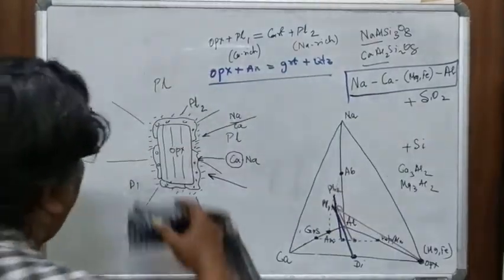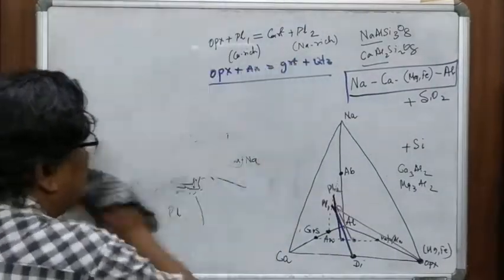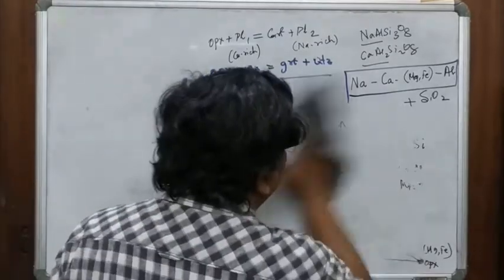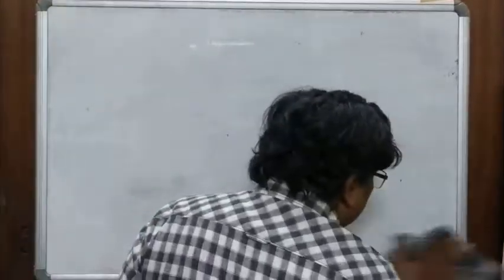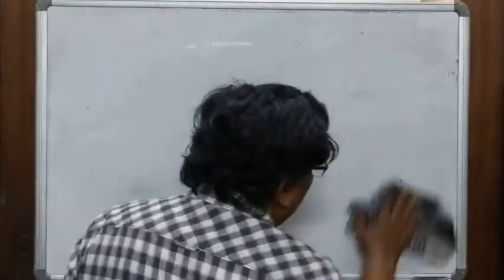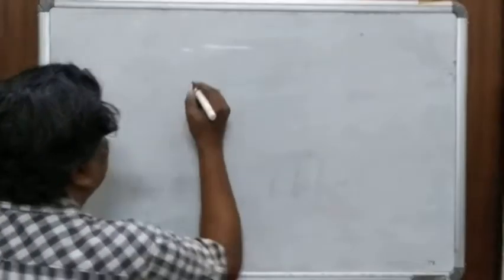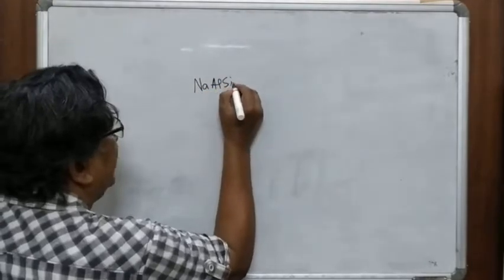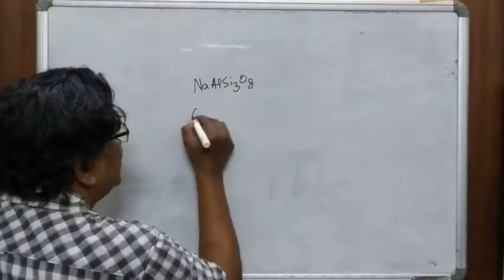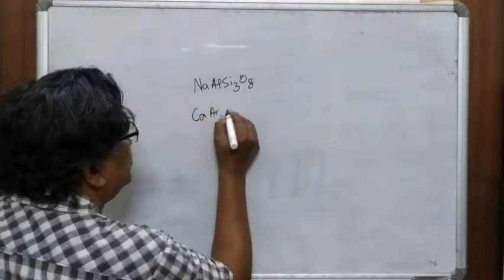So now when you have the plagioclase at high pressure, this is what happens. Your plagioclase contains albite, NaAlSi3O8, and CaAl2Si2O8.